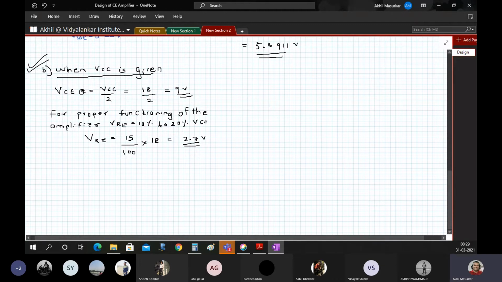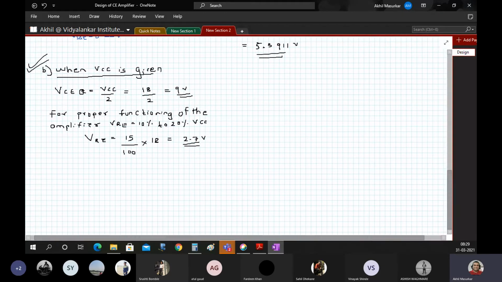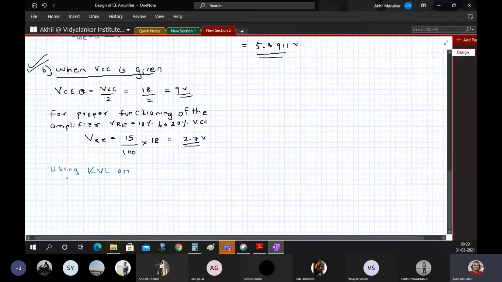Now let us write here, using KVL on output side. That is very simple. KVL on output side means what?